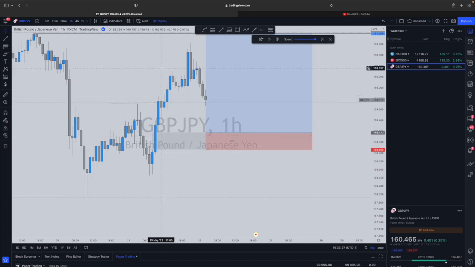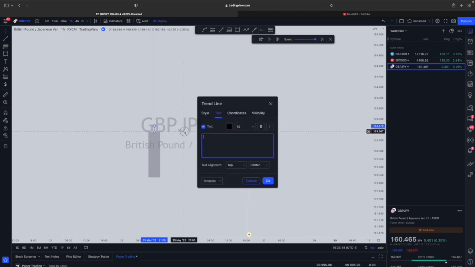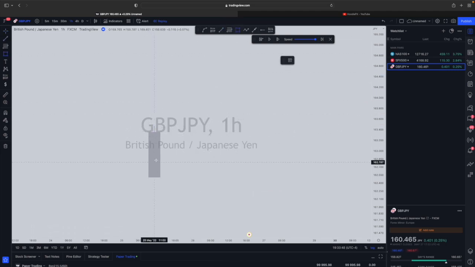Now, say for example, you don't see this gap. What makes something not a fair value gap is when, say, this wick here and this wick here are touching. Let me draw an example for you guys real quick. Let's say we have a nice strong move right before, and I'm going to make this a wick here. Right after that, we have that strong impulsive move like I was talking about, and then we have another candle coming back down.